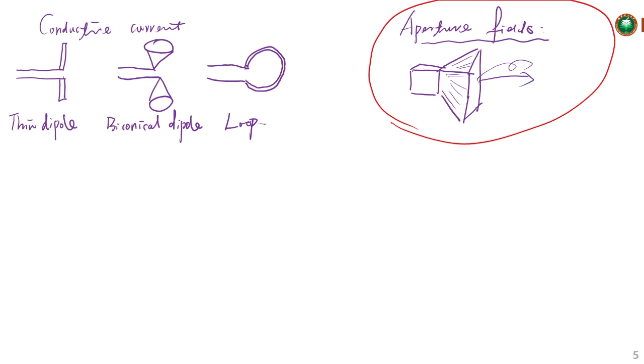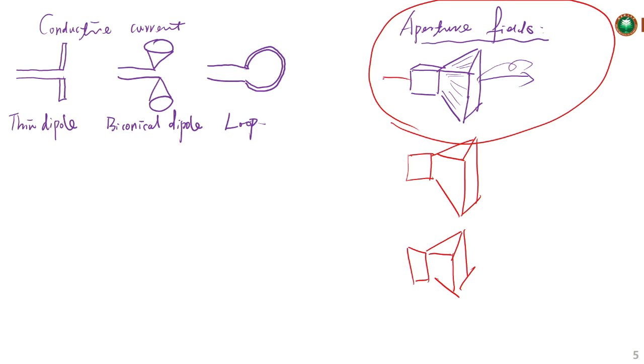And for antenna arrays, we compose many identical antennas together, and by controlling their magnitude and phase, we achieve a beam with much higher directivity and much higher beam gain.